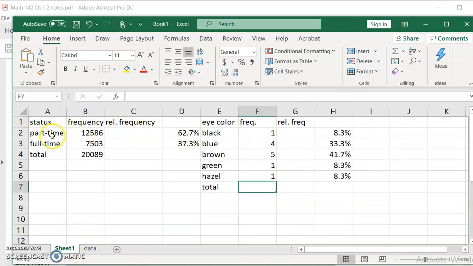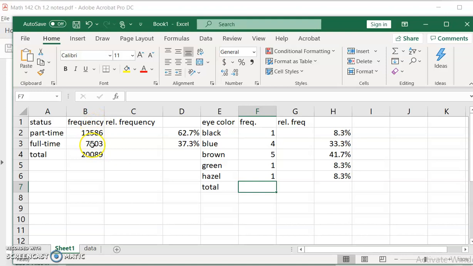Assume that we actually ask all the students, because we have access to the registry on all the student status. It turns out that these are published by DVC's office of the registrar. They say that in spring 2020, the number of part-time students is this much, and the number of full-time is this much. These are called frequency.